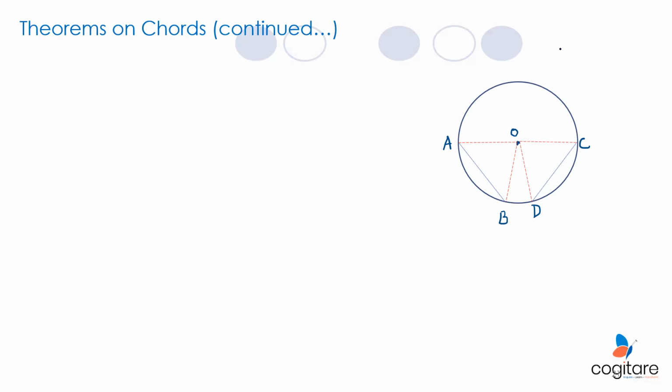I'm going to write somewhere here in the corner. What is your observation with respect to the angle AOB and angle COD? Because these are the central angles of the chord, right? What can you say about them? Don't you realize that these 2 angles are equal, which means equal chords subtend equal angles at the center.